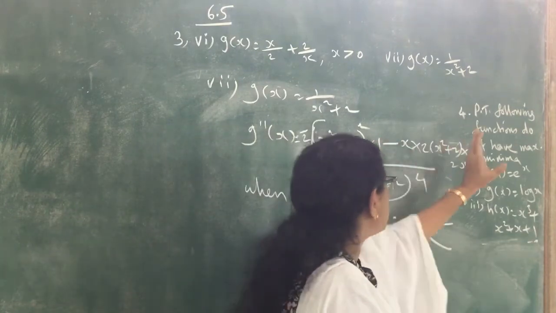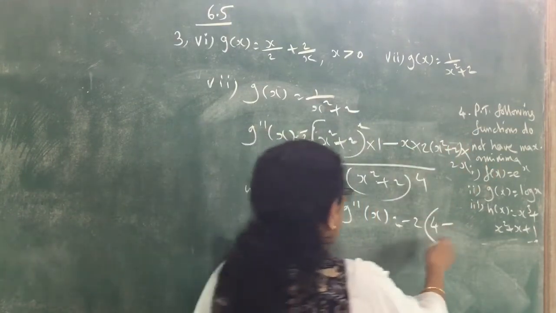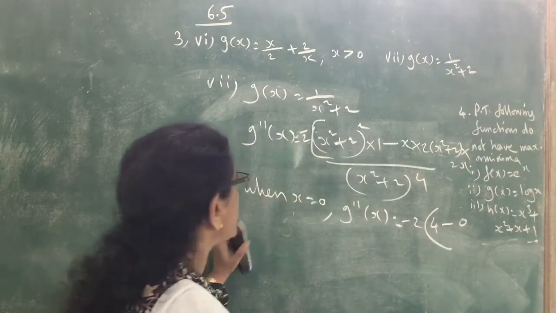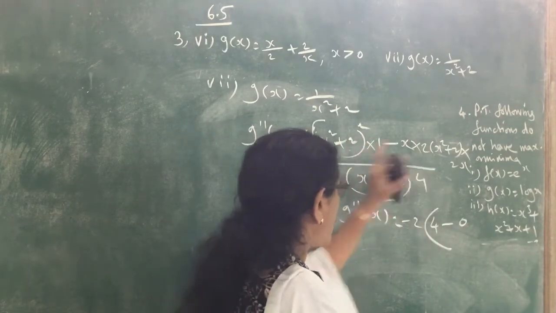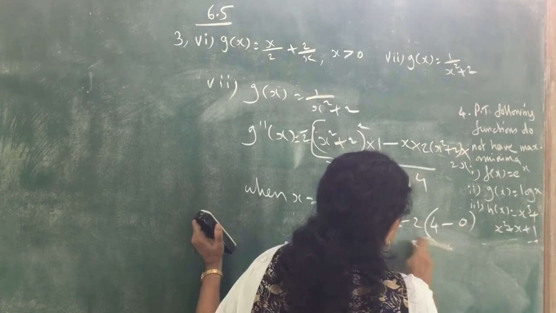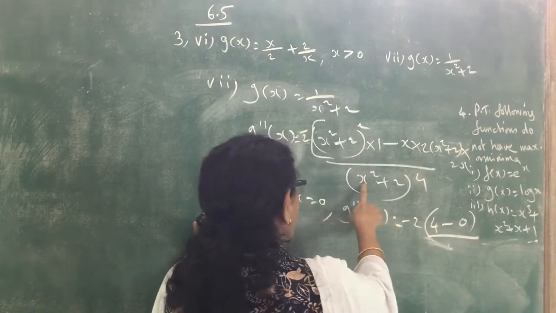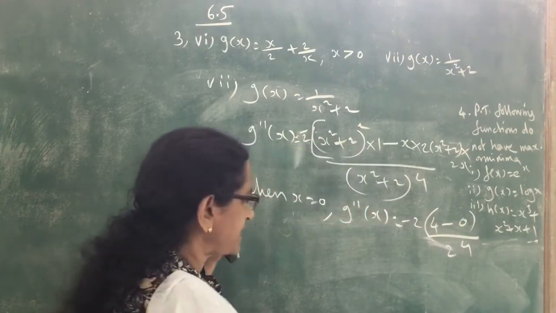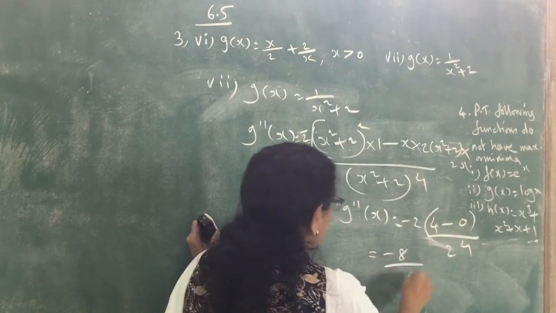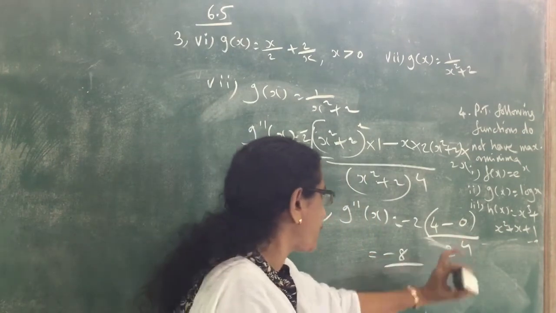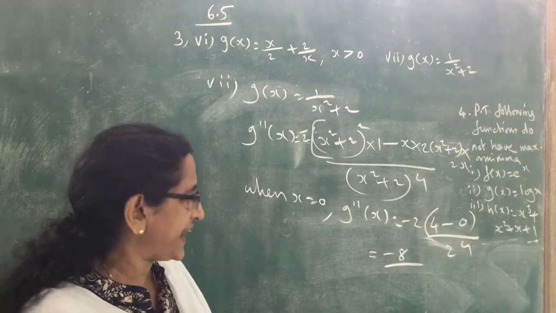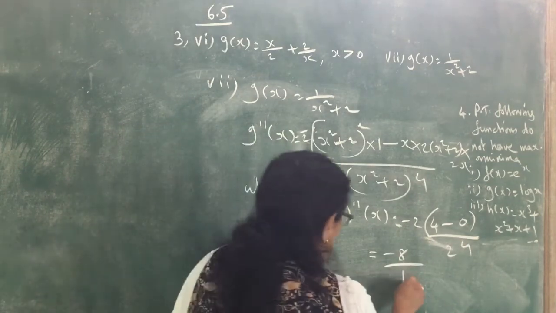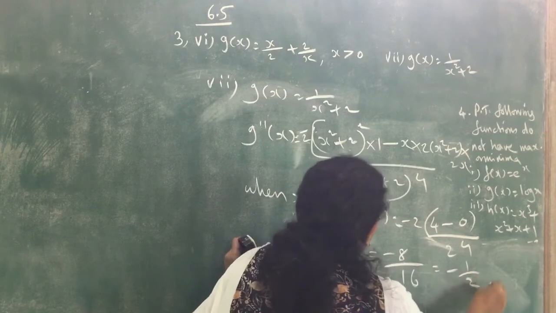So 4 minus 0, divided by (0 plus 2) raised to 4. So that is equal to minus 8 by 2 raised to 4. That is 2 raised to 3, 8, and 2 raised to 4, 16. That is equal to negative 1 by 2.